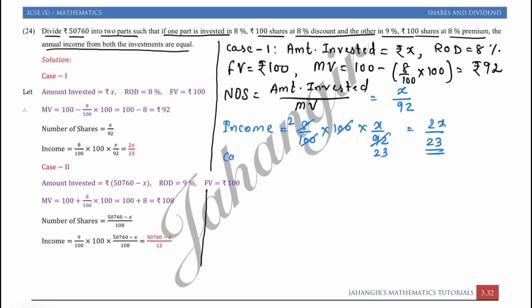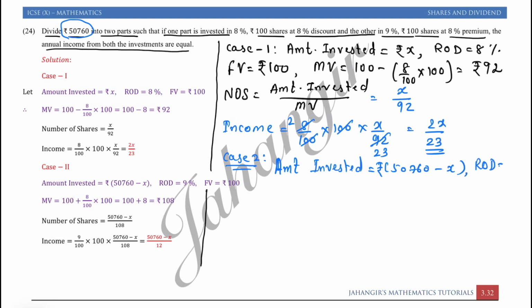Now we will write case 2. Let the amount invested be the remaining amount: if you are investing x in the first case, the remaining amount, rupees 50,760 minus x, will be invested in the other case, whose rate of dividend is 9%.